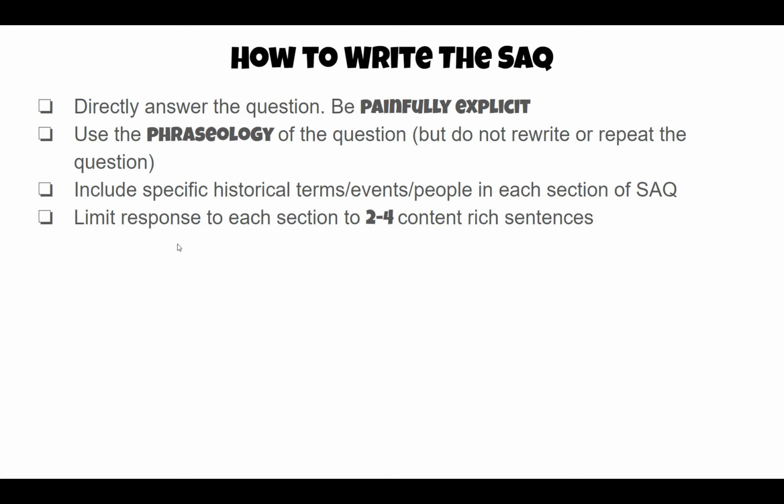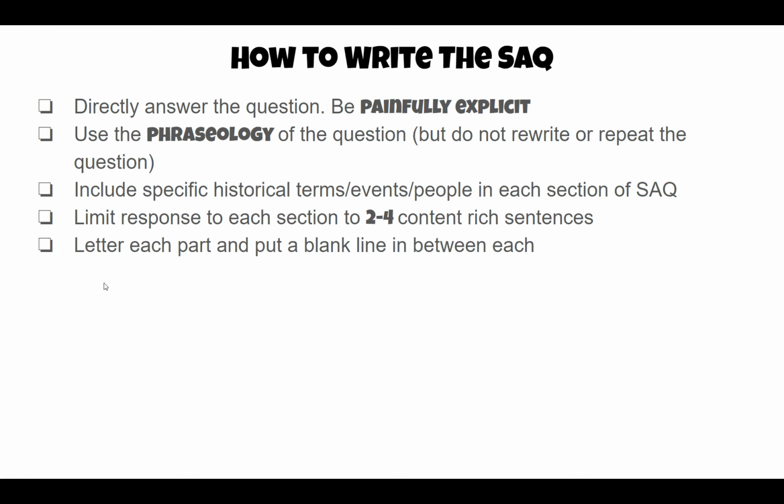You don't want to just say things to say it. AP graders can usually easily point out when you're just writing to write. We want to make sure that you're addressing the question in a very direct way. So you want content-rich sentences.